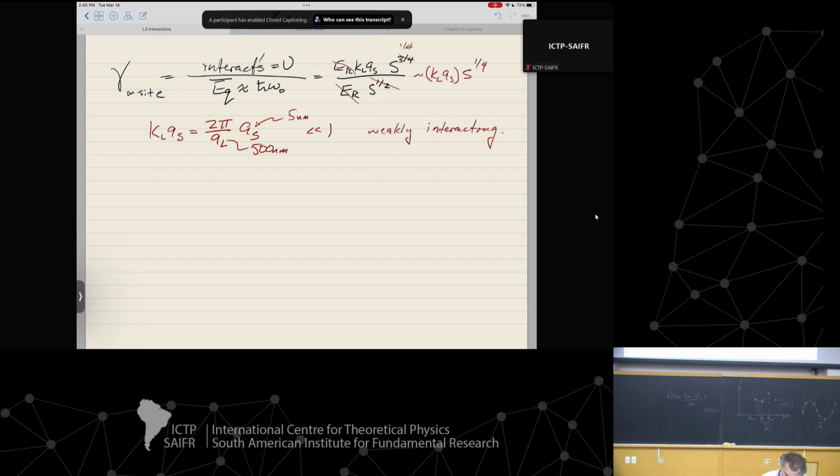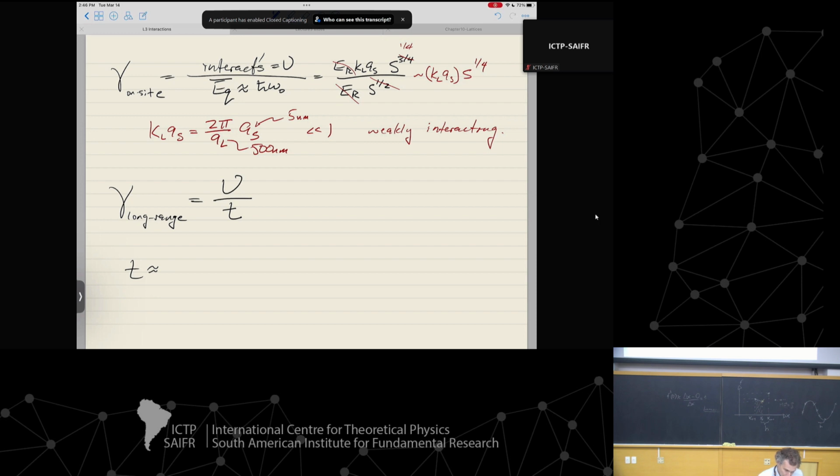What we want to know is a different ratio, which is the long-range ratio. Okay, and for that, I want to know the ratio of U, the same interaction, to T, the tunneling coefficient. Okay, so the tunneling coefficient has a nice approximation. I mentioned it, but I don't think I ever wrote it down.